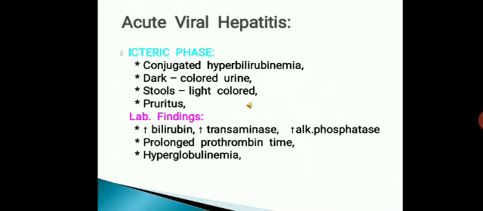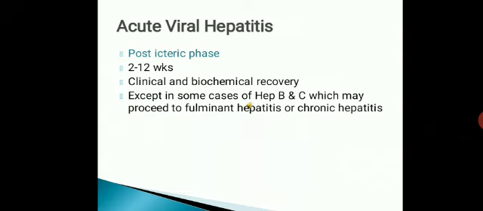Lab findings: increased bilirubin, increased transaminase, increased alkaline phosphatase, prolonged prothrombin time, and hyperglobulinemia. Post-icteric phase is the recovery phase. It occurs 2 to 12 weeks after infection. There is clinical and biochemical recovery, except in some cases of hepatitis B and C virus, which may go into fulminant hepatitis or into a chronic hepatitis phase.